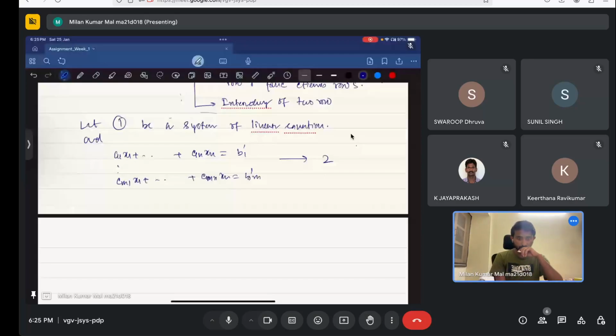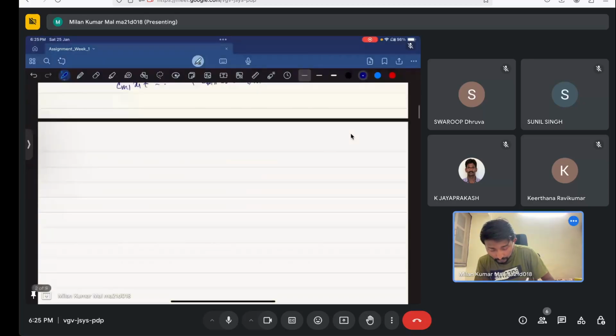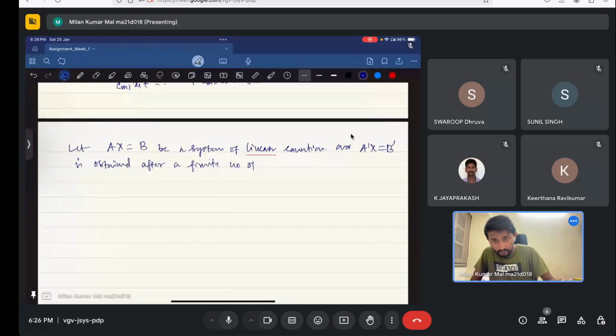That means, let Ax = b be a system of linear equations, and A'x = b' is obtained after a finite number of elementary row operations on Ax = b.